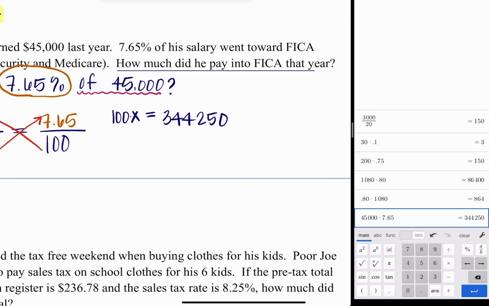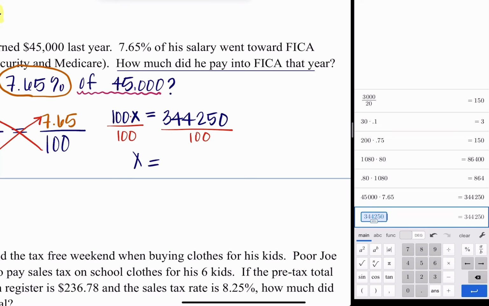I want to undo the multiplication again. So 7.65% of 45,000. I want you to know you are always welcome to go to the calculator. If you don't want to type in your last answer, you can hit the little answer button.